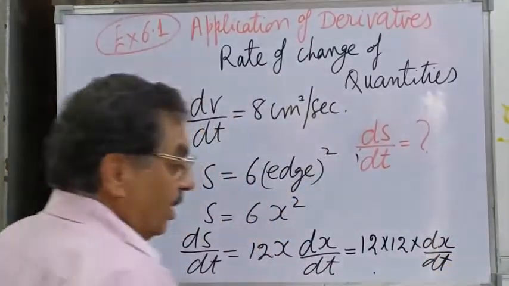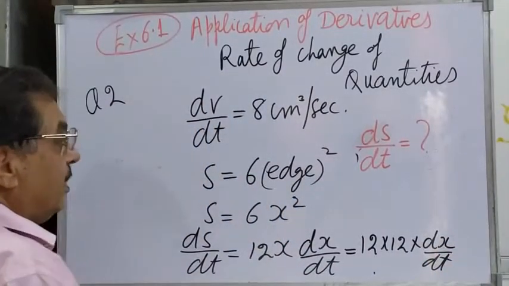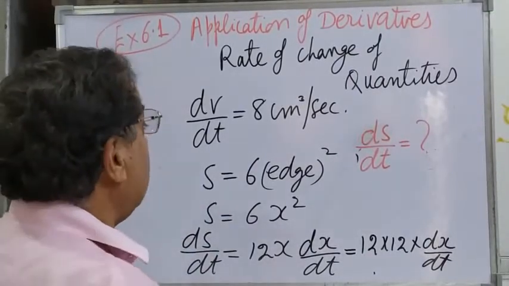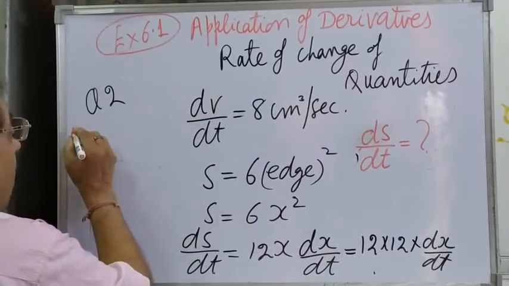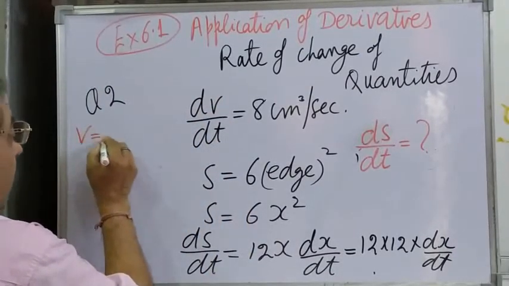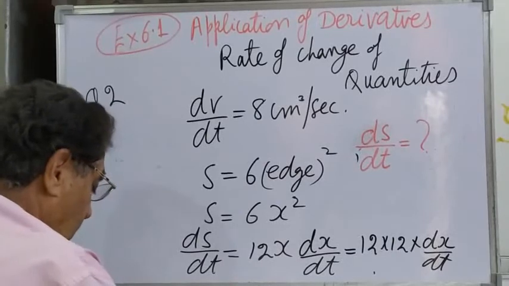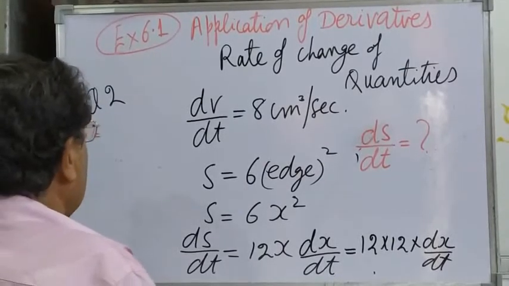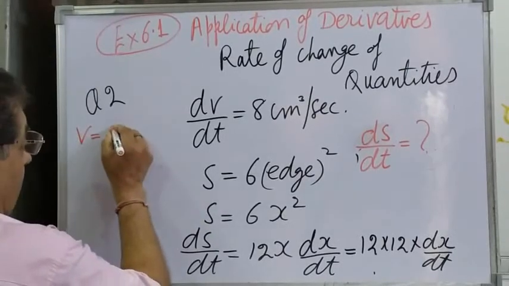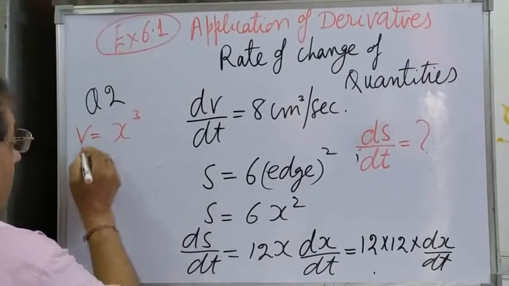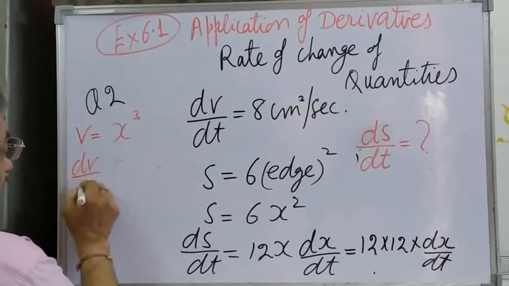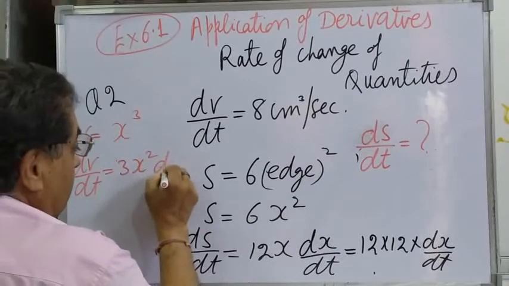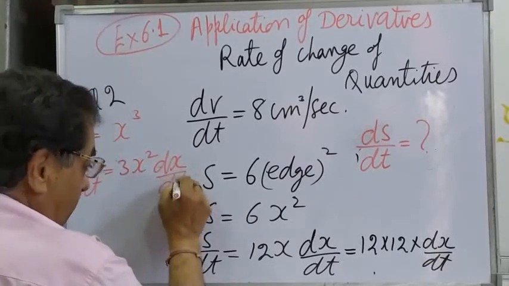Now again the question arises, what is dx by dt? So we will find dx by dt with the help of dV by dt. We know the volume of a cube is equal to x cube, edge cube, so dV by dt is equal to 3x square into dx by dt.